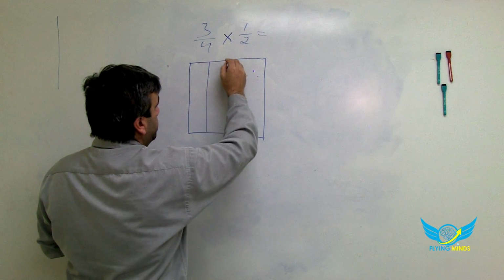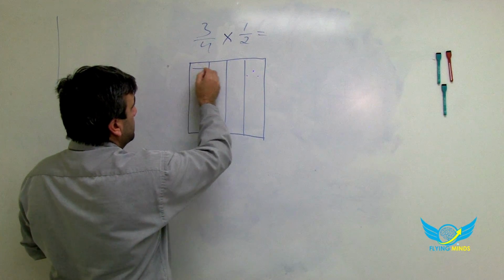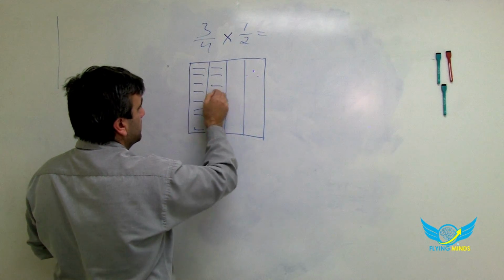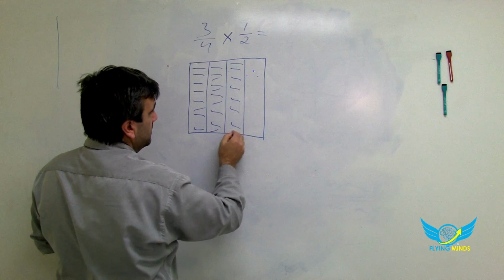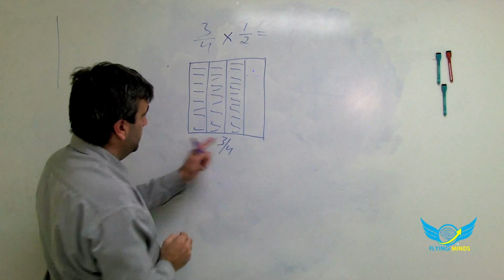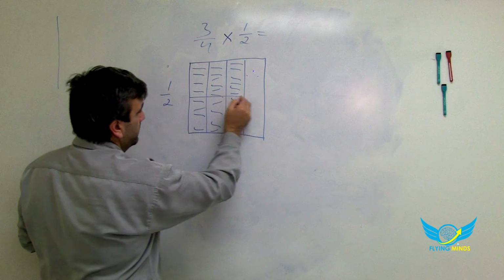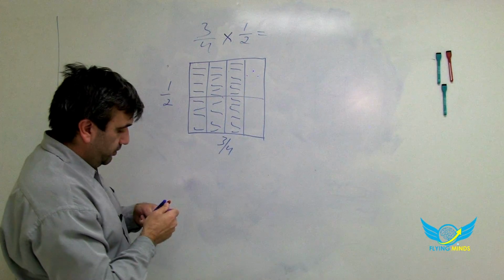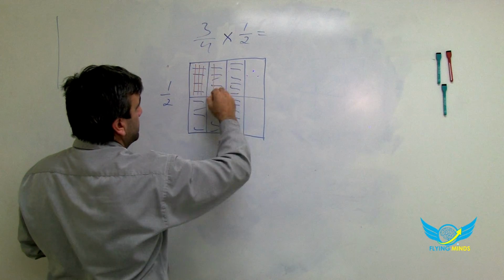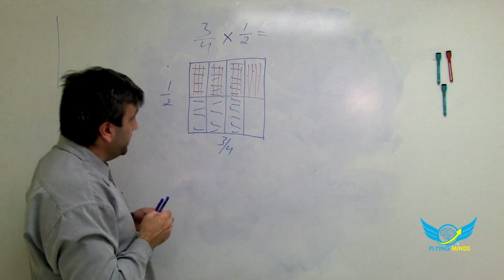So we have 3 over 4 and 1 over 2. I'm going to use red color for 1 over 2.